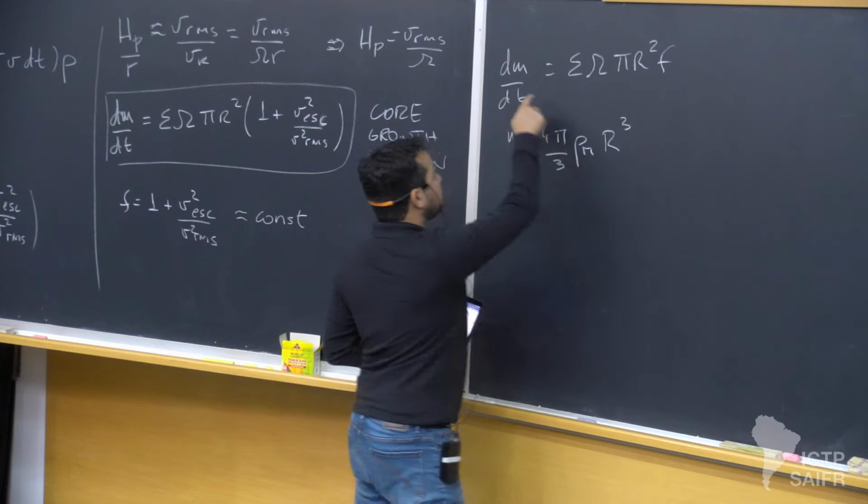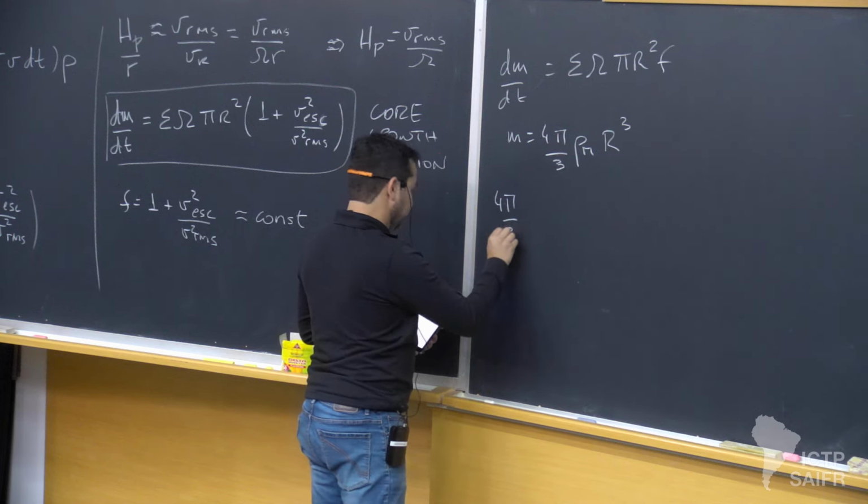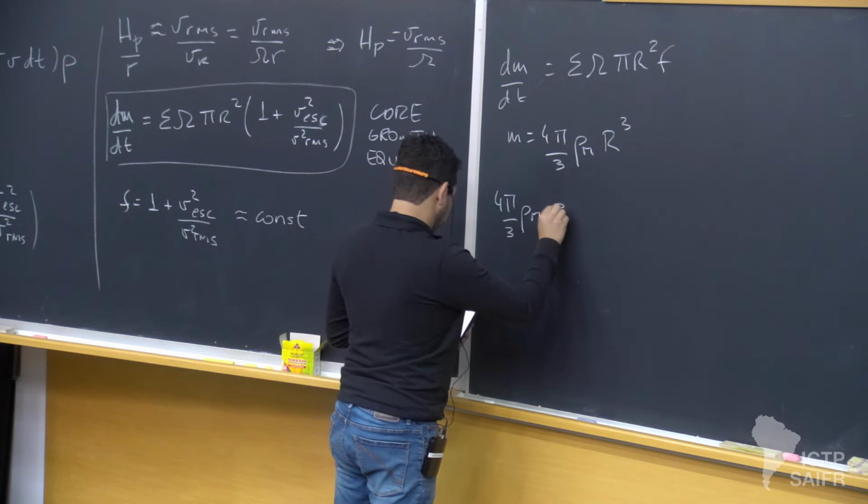Plug this back here, then you have an equation for the growth of the radius of the body.